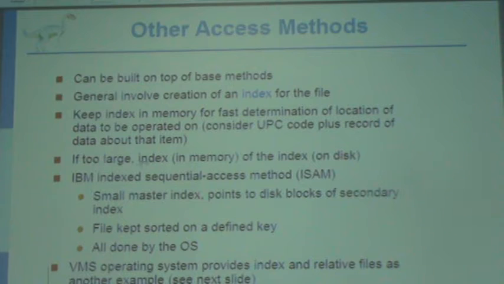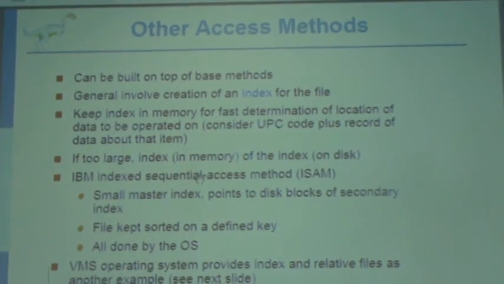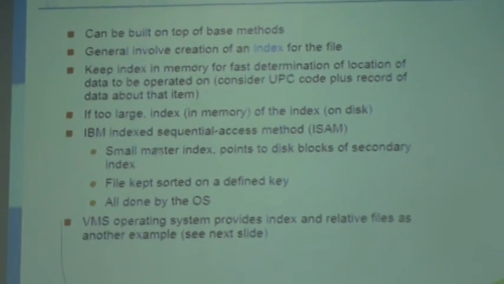But if it's too large, maybe you will use two levels of index, so it's an index of index. The second level of index will be in memory, which is faster to retrieve, and the lower level index will be on the disk. All these methods are for fast retrieval.